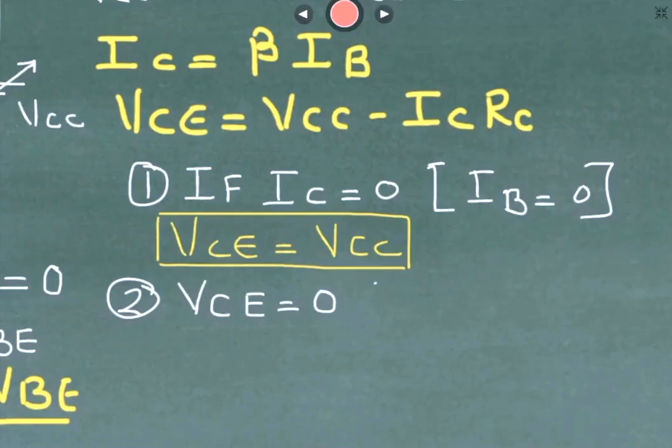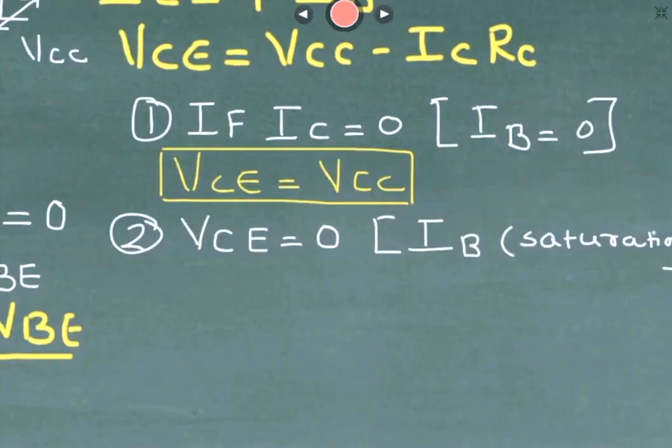It means that you are putting the value of IB into the saturation region. Whenever the value of IB is such that your transistor enters the saturation region, VCE will become 0.